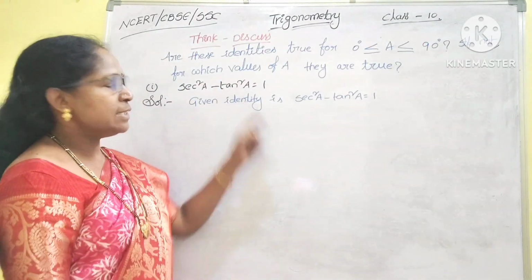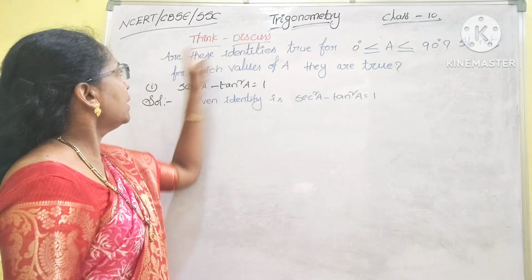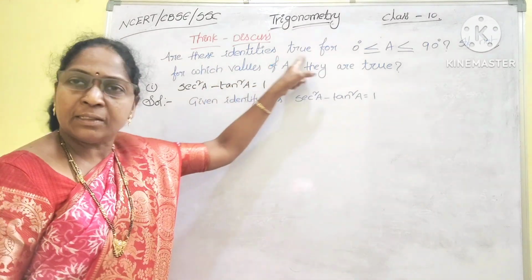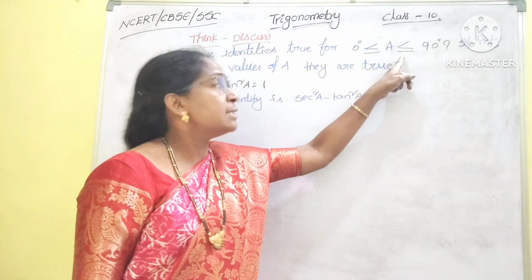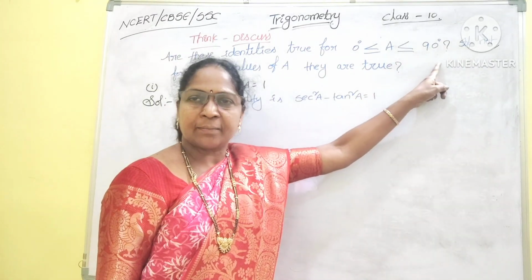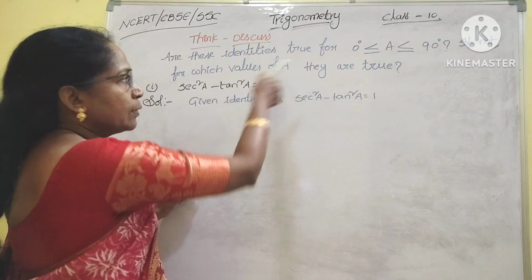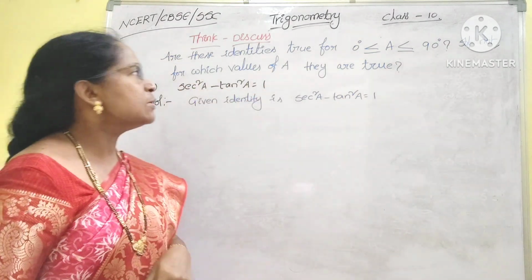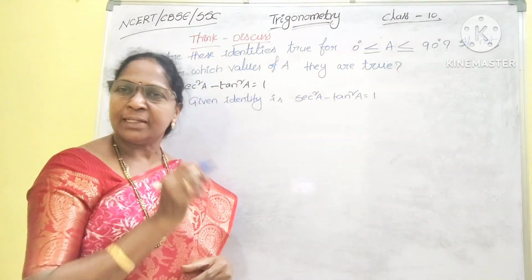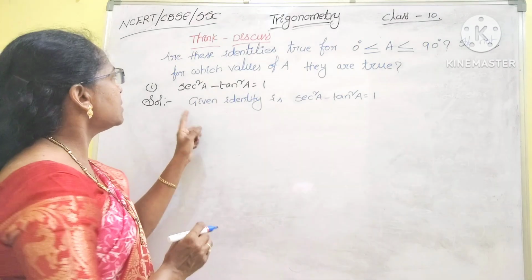Next question, this is the last question in this. Think and discuss. Are these identities true for 0 degrees less than or equal to A less than or equal to 90 degrees? If not, then for which values of A are they true? That is the given question. Now you have to check it here.